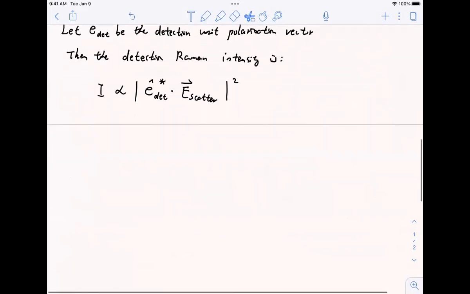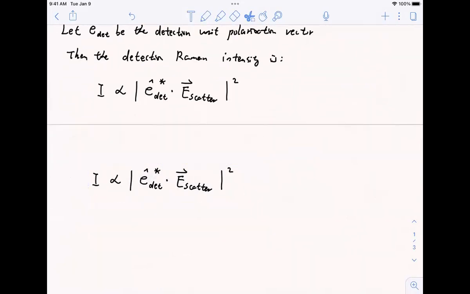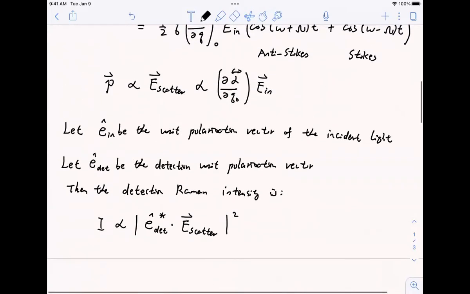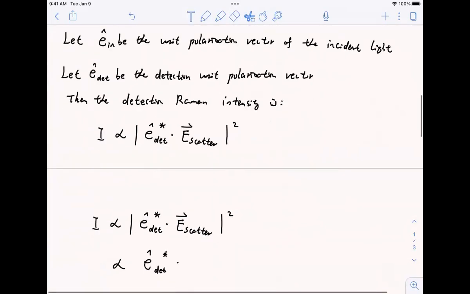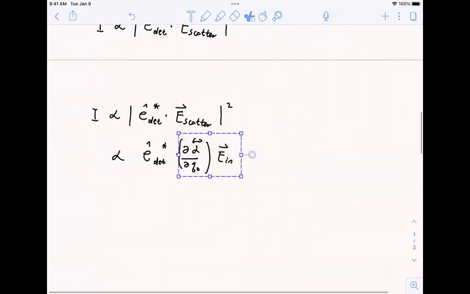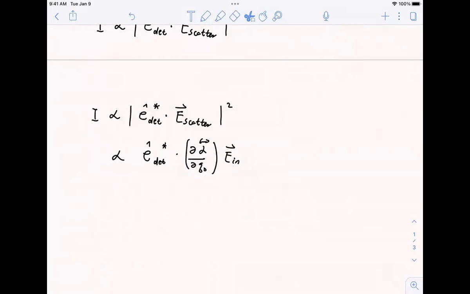Okay, so then let's continue to write it out. This will be proportional to E detection dotted with this thing, dotted with E incident, and then squared.